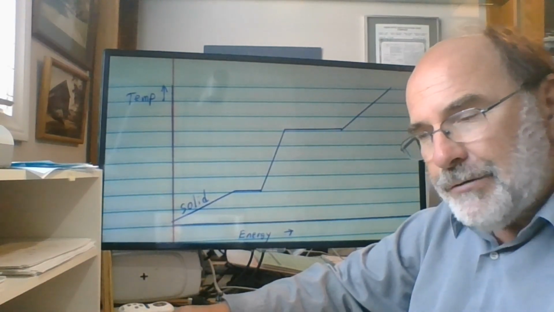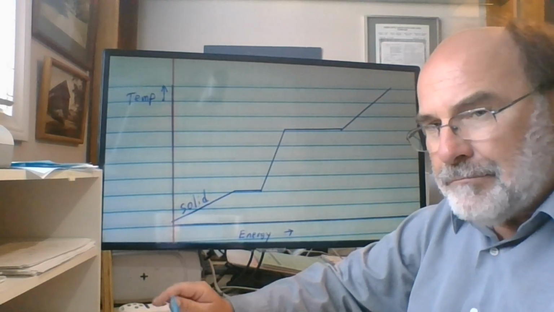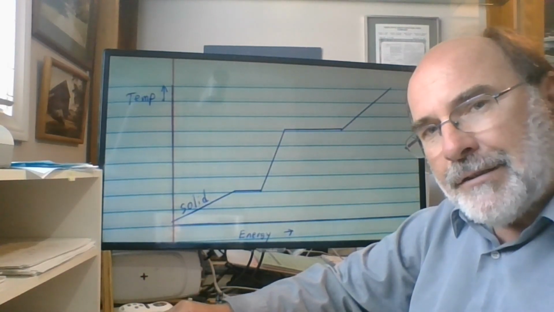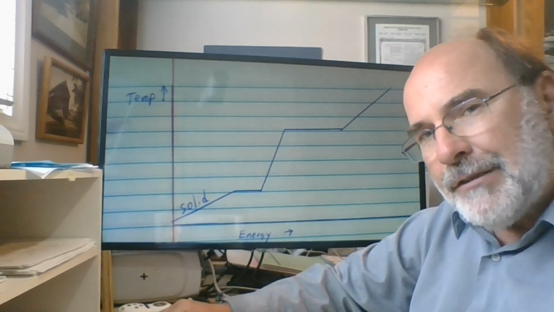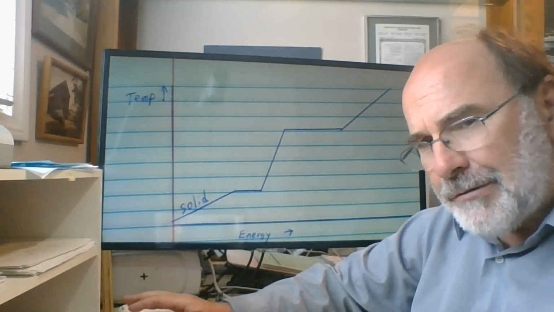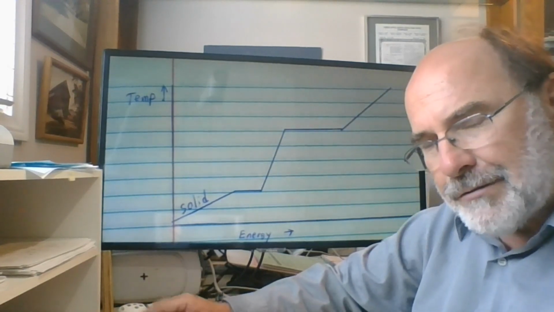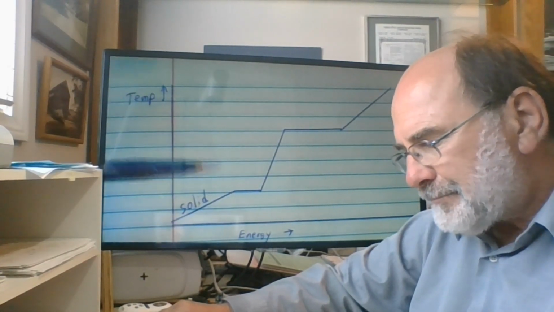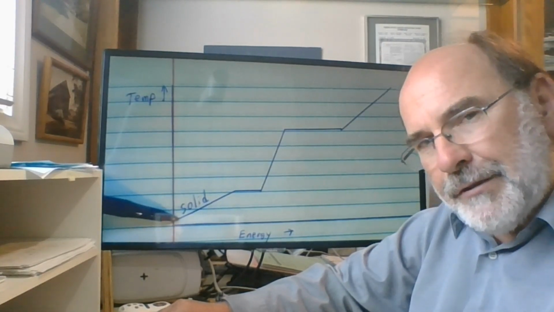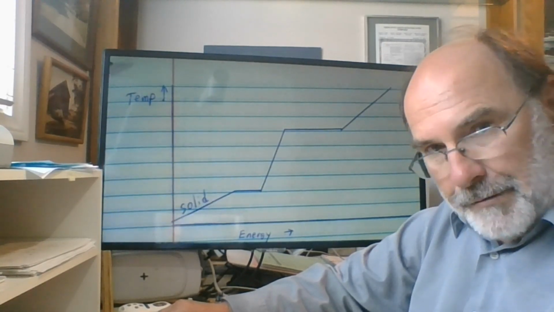And as I add heat to it, now it becomes negative 50 degrees on the Celsius scale, negative 20 degrees. So its temperature is increasing. It's still below zero on the Celsius scale, and I want to just use the Celsius scale from now on for this talk. It's still below zero, but it is becoming warmer.